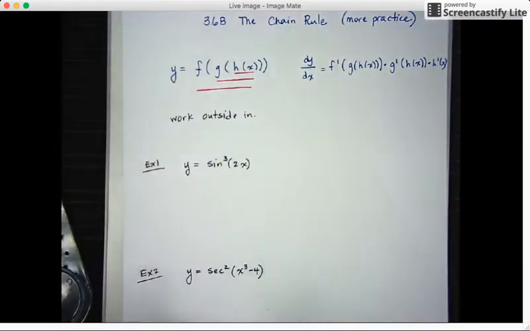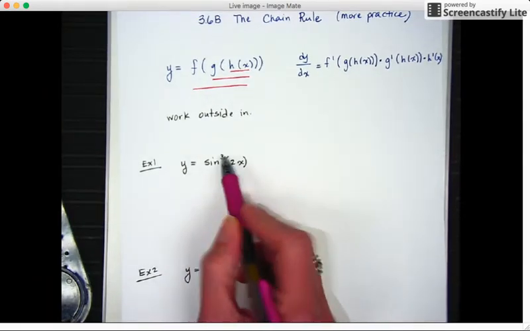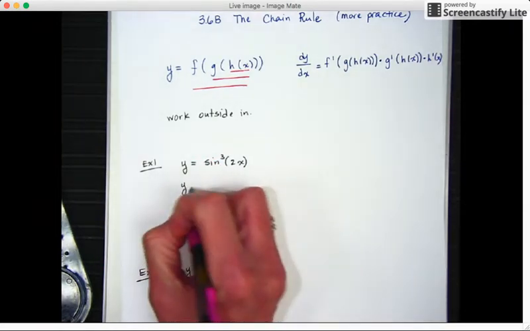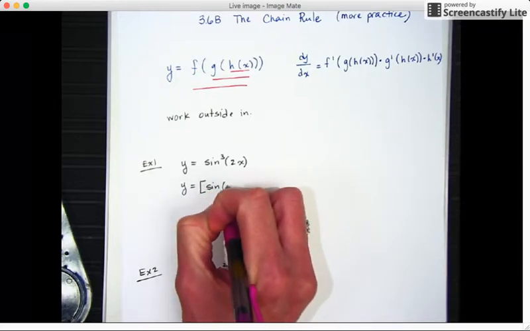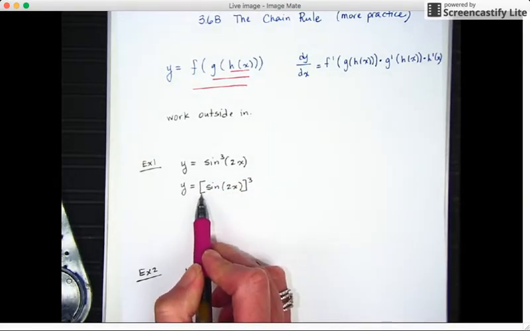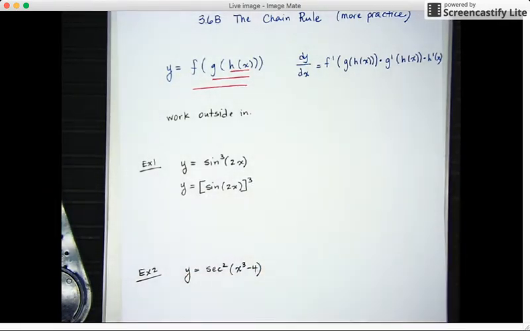All right, so this first one, for an example, whenever you have a trig function with a power in this position, here's what I recommend that you do. I recommend that you rewrite it the following way. Make sure you put brackets around the entire trig function and raise the entire function to the third power in this case.